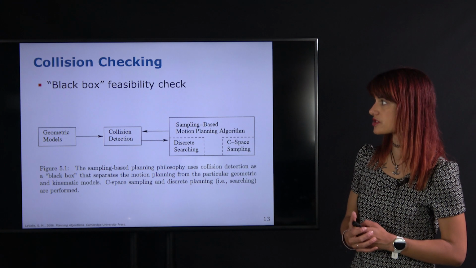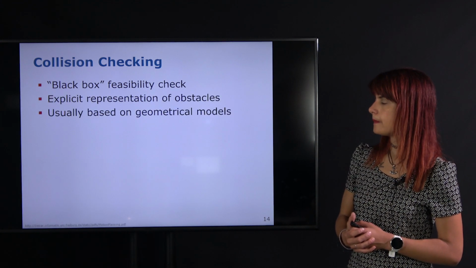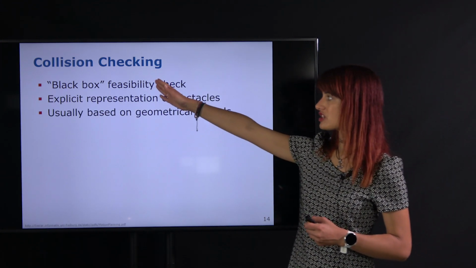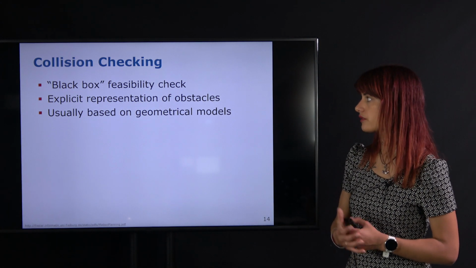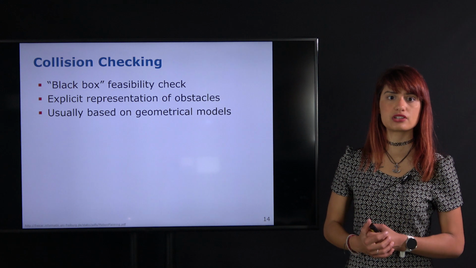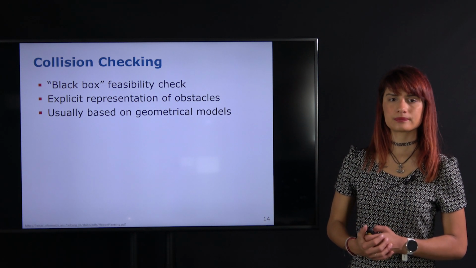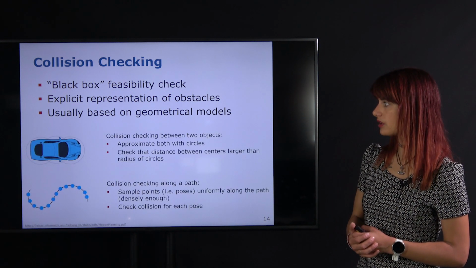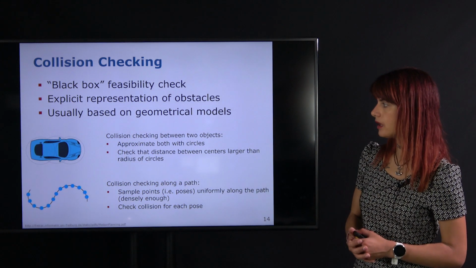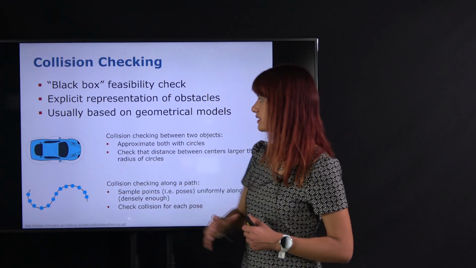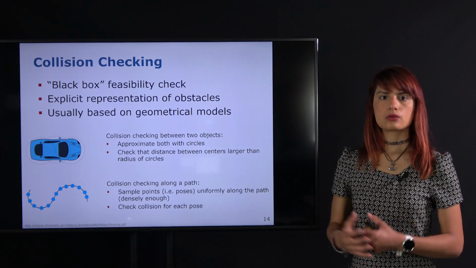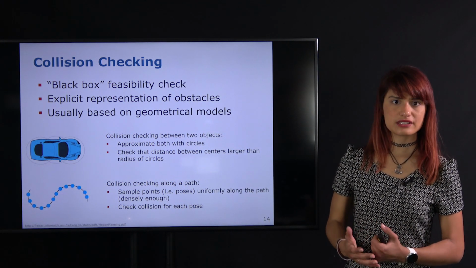So let's make this more specific. The collision checking black box does use an explicit representation of the obstacles based on geometric models. So for example, if we have two objects, we can use geometry to approximate them with circles here and check whether these two circles intersect with each other.